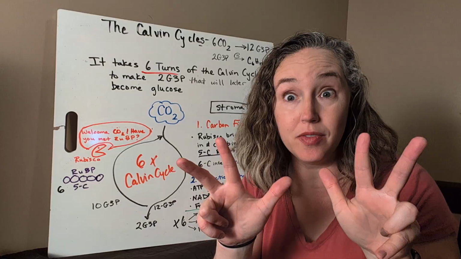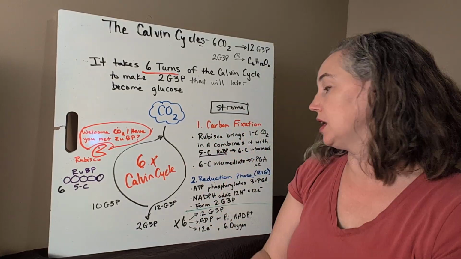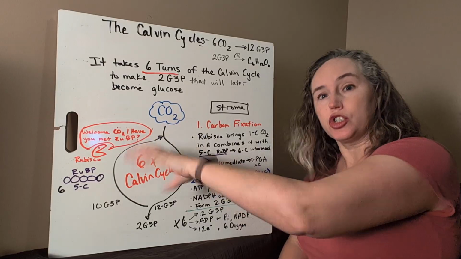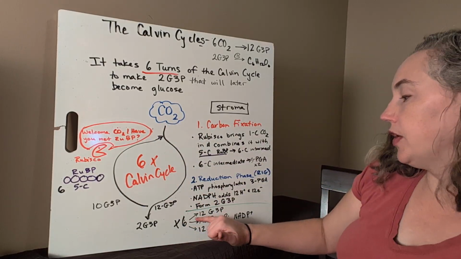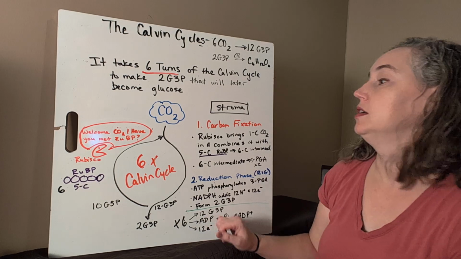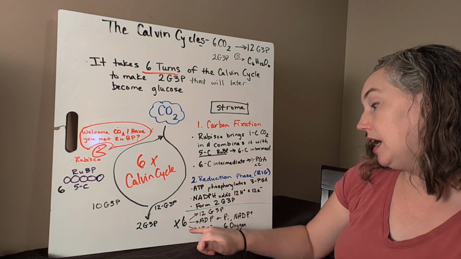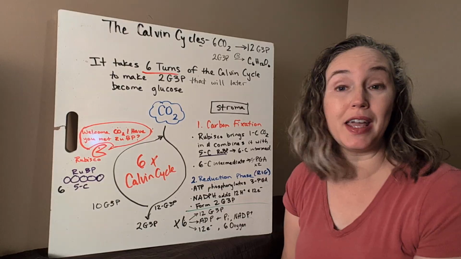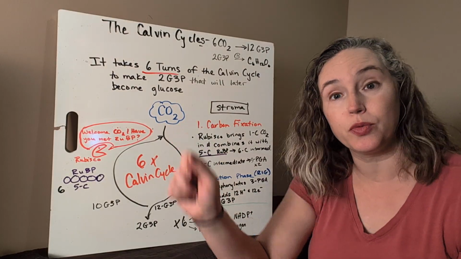So at the end of this second stage of the Calvin cycle, after we turned it 6 times, 3, 4, 5, 6, you're going to get 12 G3P, right? You're going to get ADP plus inorganic phosphate after ATP phosphorylates.